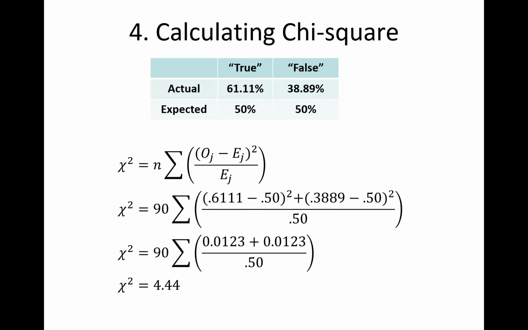Plus, because we're going to end up summing them, I really should have left out that summation sign, but I left it in, I'm sorry. The difference between the observed for false, which is 0.3889, and the expected for false, 0.50, and that term squared.